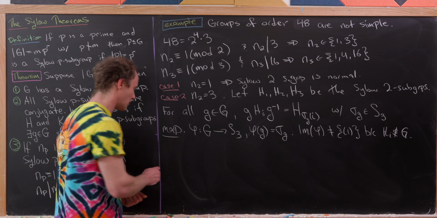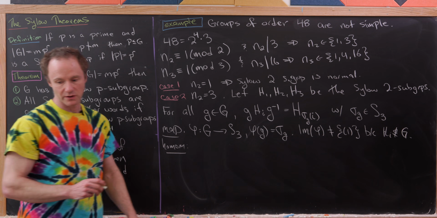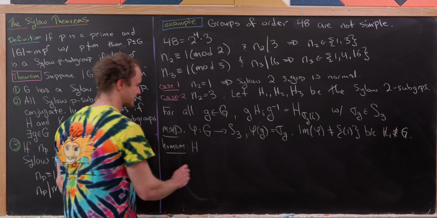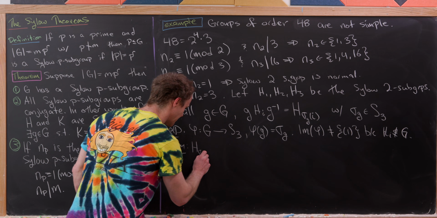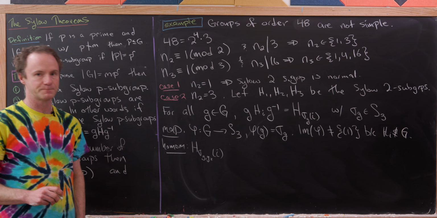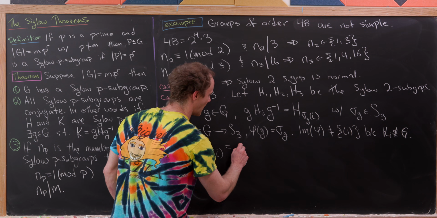Okay, now let's check that it is a homomorphism. So how can we do that? Well, we can do that with the following little calculation. So let's look at x sub sigma sub g1 g2 evaluated at I. And so, what is that? Well, that's going to be the following action.